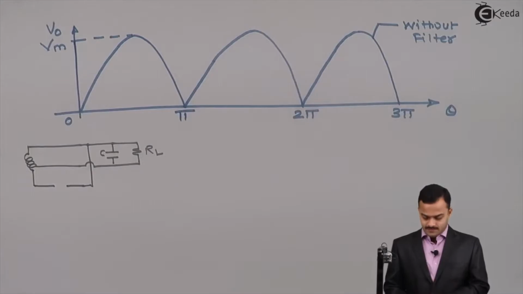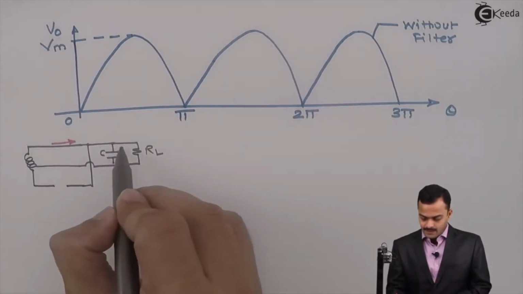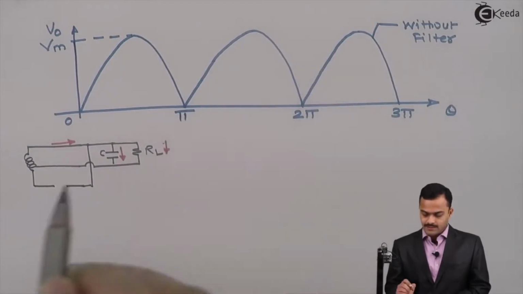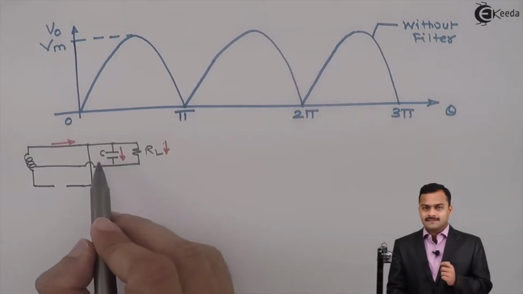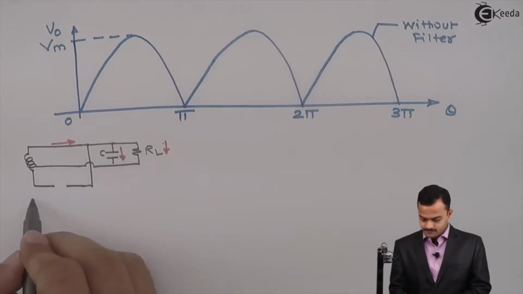So what happened? There will be a current flowing through the diode D1 in this direction, and you will get current flowing through C as well as RL. So what exactly happens is that capacitor C charges through diode D1.